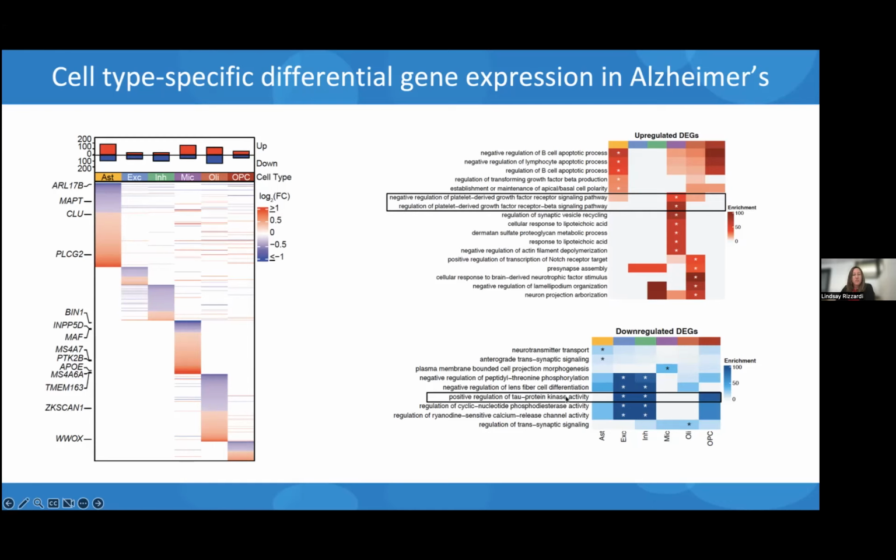In neurons, for example, we see downregulation of things related to tau protein kinase activity, as well as things affecting calcium homeostasis. And again, these are consistent with findings previously reported in the field. So we have good confidence that the gene expression profiles that we're measuring are of good quality.